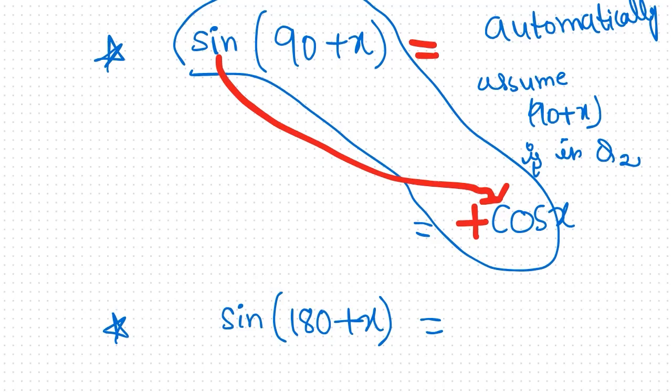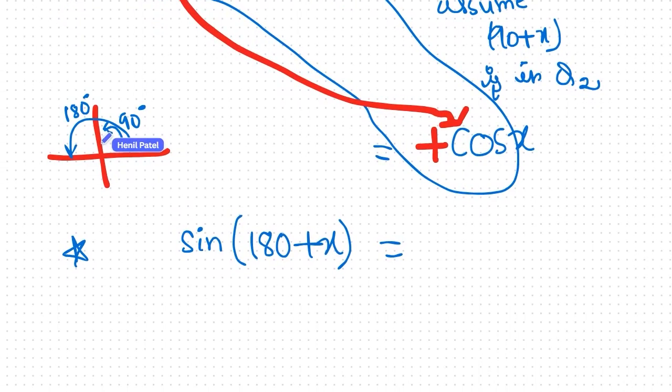See, from here to here it is 90 degrees, and here it is 180, and from here it will be 180 plus 90, 270 degrees.